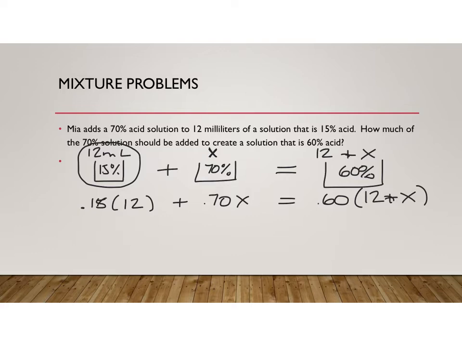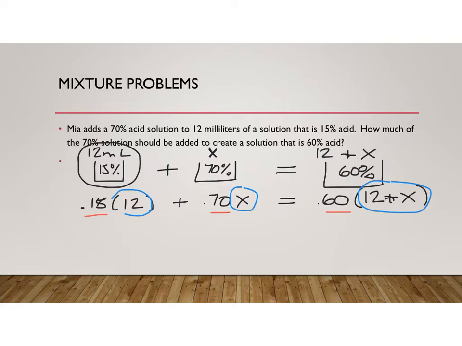If you look at how this equation is set up, we have all our percentages of each, and we have the quantities of each. So this 12 and X together gives you the 12 plus X when added together.